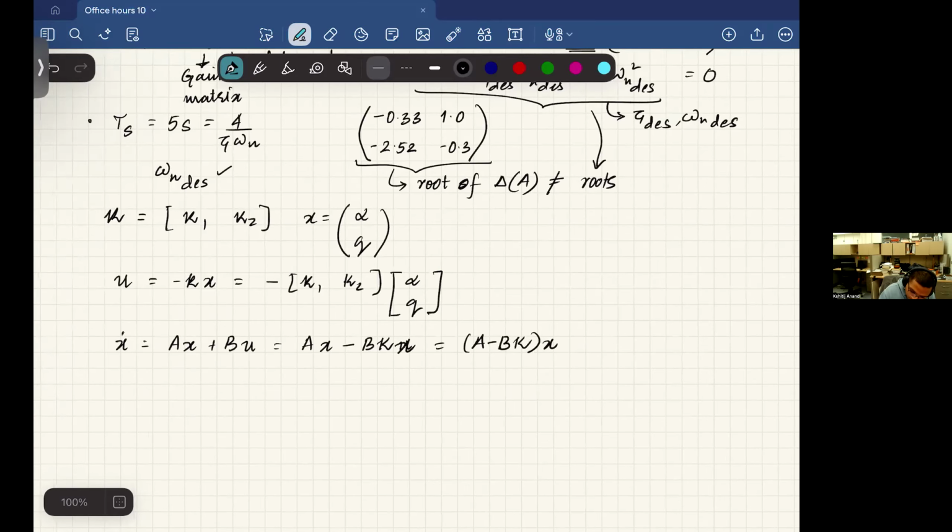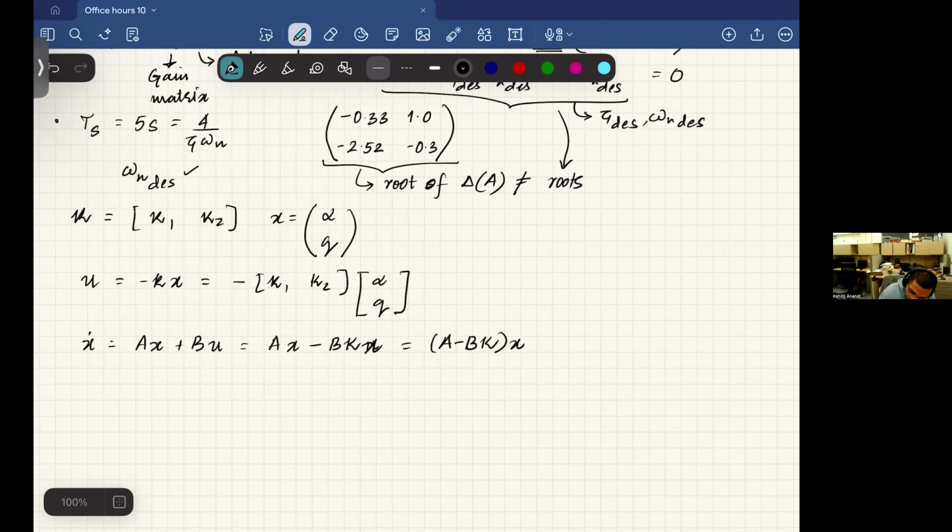So now what will happen is, if you multiply B with K, where B is negative 0.03 and negative 2.6, you will get a 2 by 2 matrix. You subtract it from A, and you will get a new matrix with all numbers, except there will be entries K1 and K2 as well.